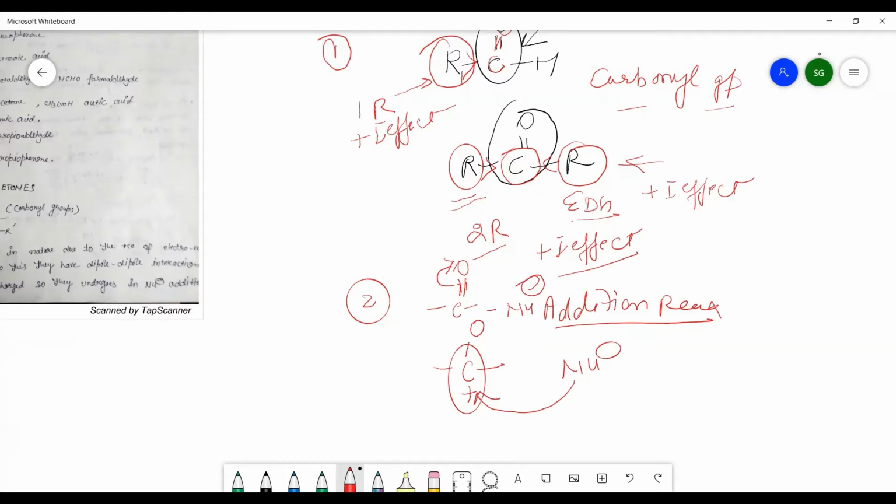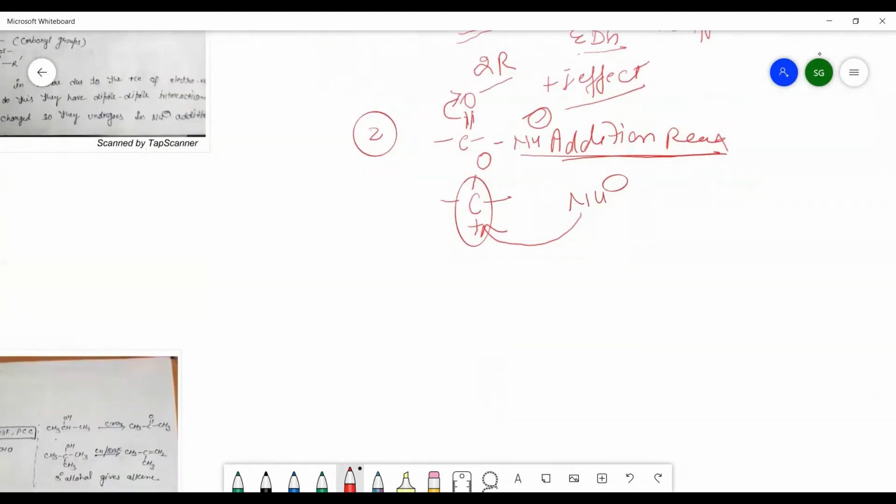It is very important to know what sort of reactions take place in aldehyde and ketones. In aldehyde and ketones, there is always a nucleophilic addition reaction. And this will also cause the dispersion of the negative and positive charge. Because of that, the aldehydes and ketones both undergo dipole-dipole interaction, because they are polar in nature.